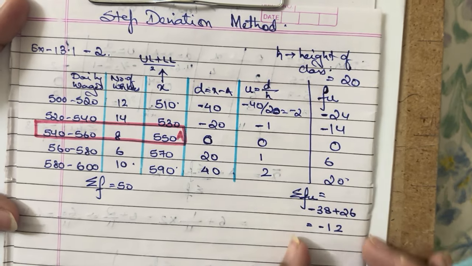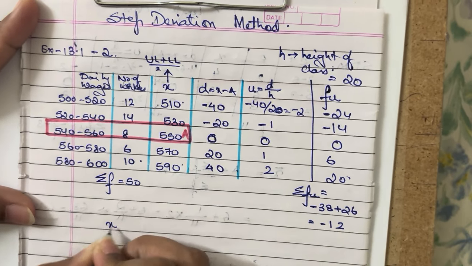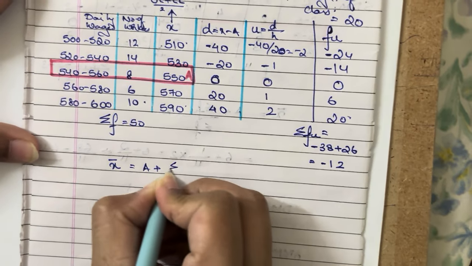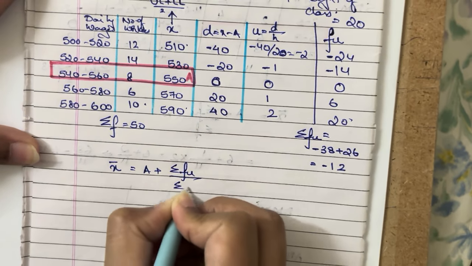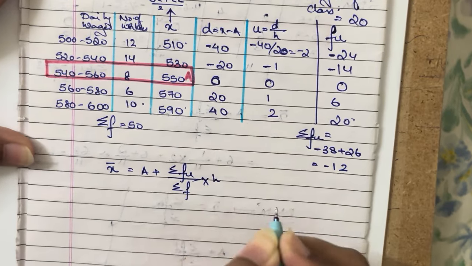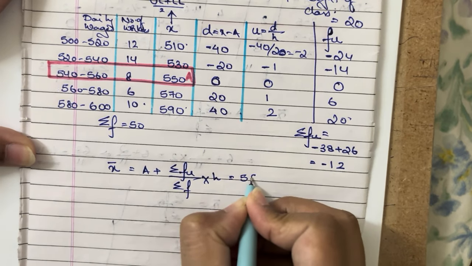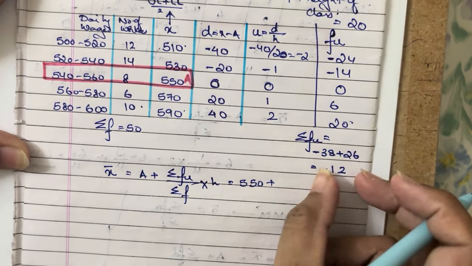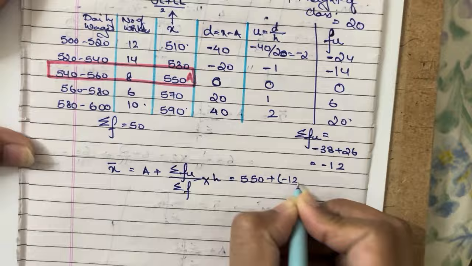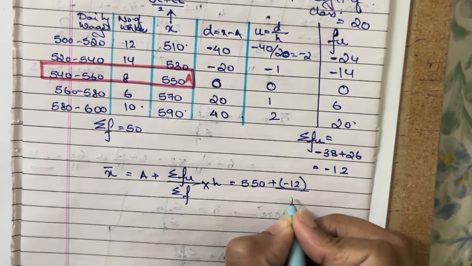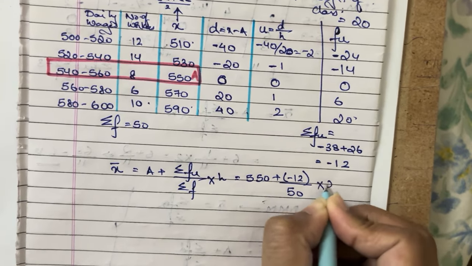Okay, now that I have both of them, I'm going to go with the x bar, finding the mean. X bar is A plus sigma FU over sigma f times h. So I'm going to substitute. This is my A, that is 550, plus sigma FU is minus 12 and sigma f is 50 times h is 20.